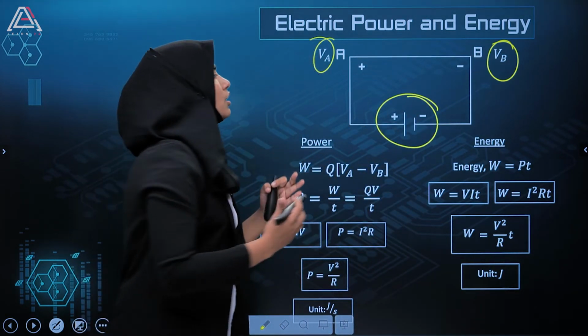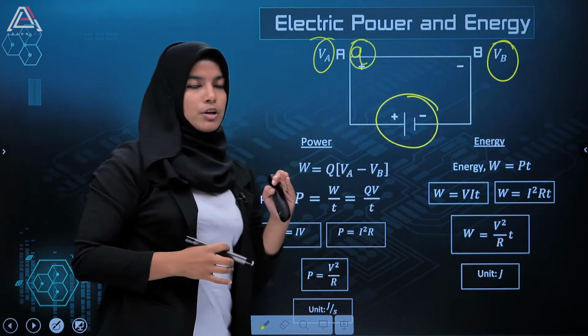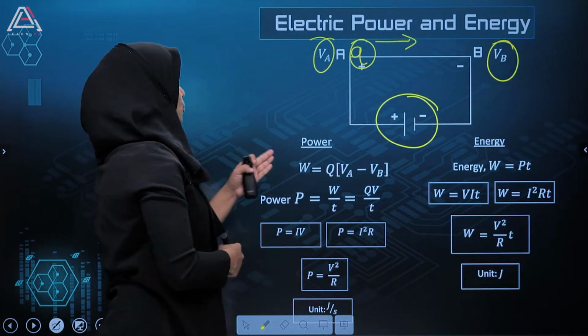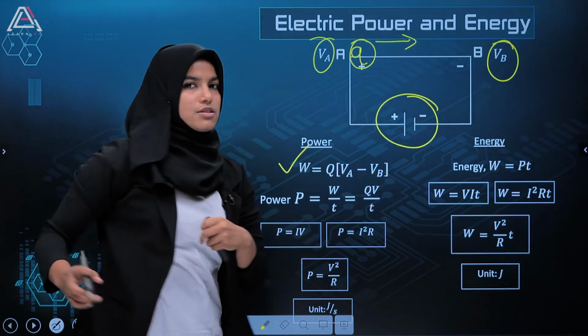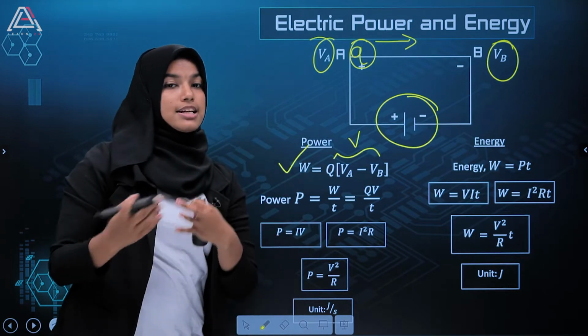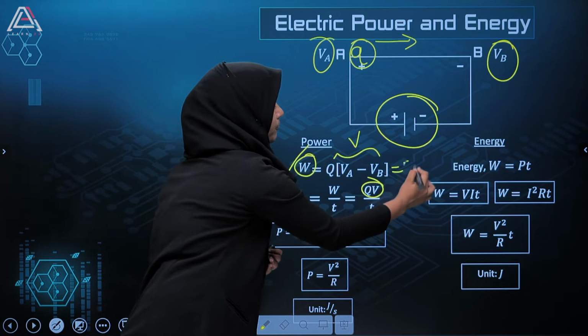So the work done to move a charge from A to B is the work taken here. We can write work equal to Q into (VA minus VB), which is the potential difference represented as V. So W is equal to QV.